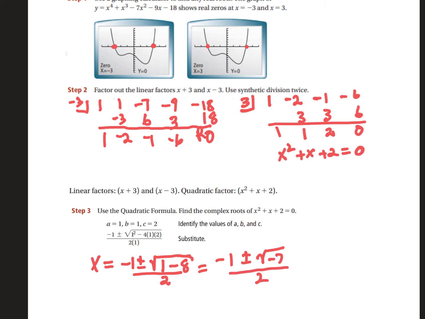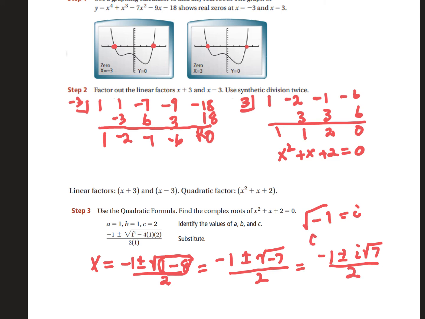Remember, this is a discriminant. And so we're going to check again. So we have negative 1 plus or minus 1 squared is 1. Minus 4 times 1 is 4 times 2 is 8. So 1 minus 8 is negative 7. And we know that the square root of negative 1 is i. So it's going to be negative 1 plus or minus i square root of 7 divided by 2.